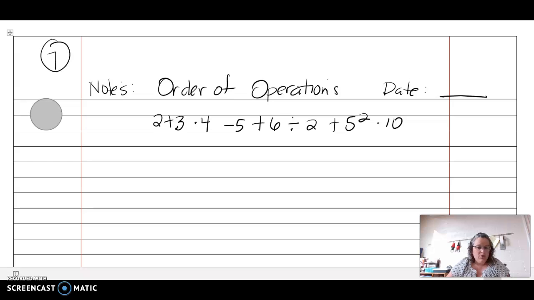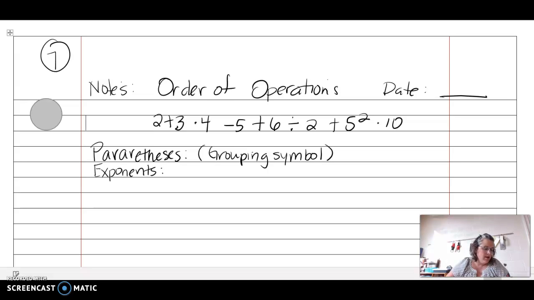Okay, so order of operations, you know you need to do the grouping symbols first, which we like to call parentheses. I'll put grouping symbol. Exponents are next. Multiplication.